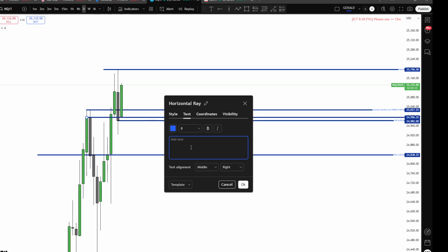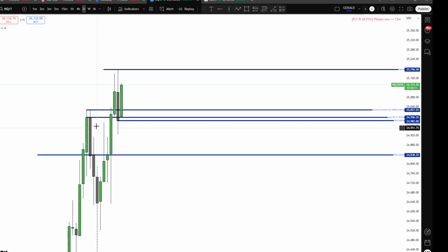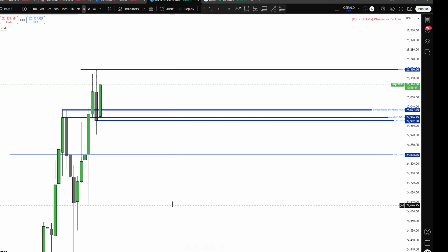I can call it daily order block. This is the last up-close candle, the daily order block, but I also call it a V-shaped level. These levels were adapted from a Malaysian support and resistance trader. So this closing price here, I label it as a daily level.